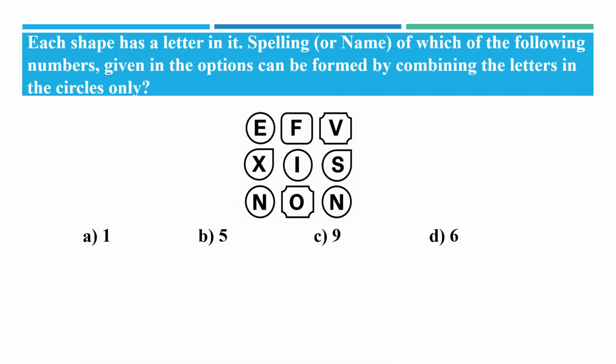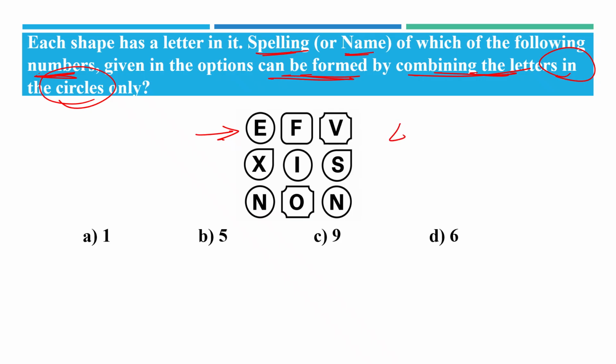Great. Here we have the next question. Each shape has a letter in it. Spelling or the name of which of the following numbers given in the option can be formed by combining the letters in circles? Okay, let's make note of the letters in the circles.